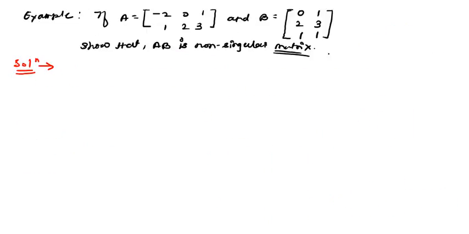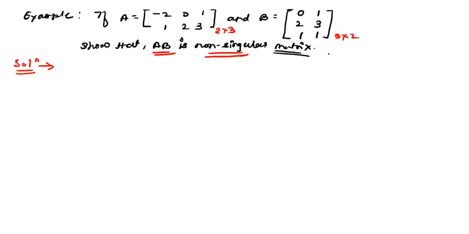Now the next question is, we have given the matrix A which is of order 2 by 3 and the matrix B which is of order 3 by 2. And what they are asking, we need to show that the matrix A into B is a non-singular matrix.